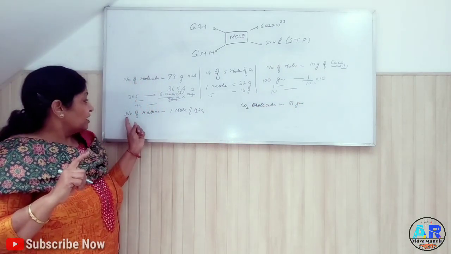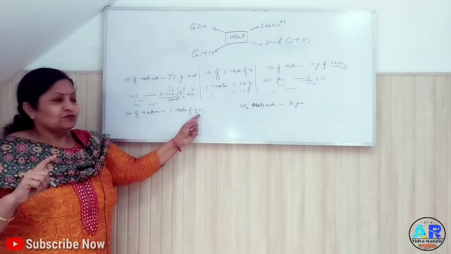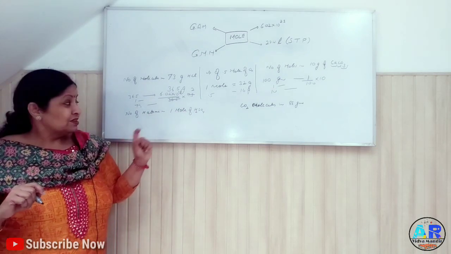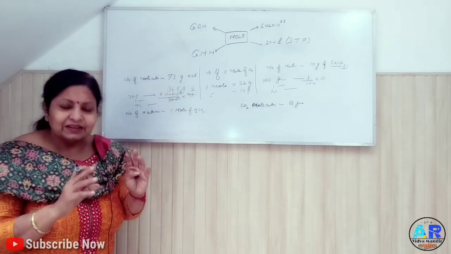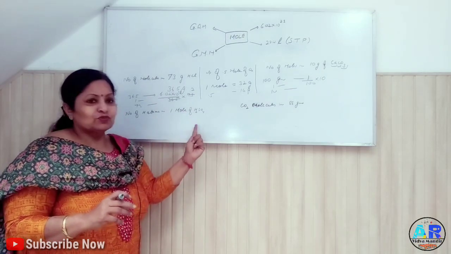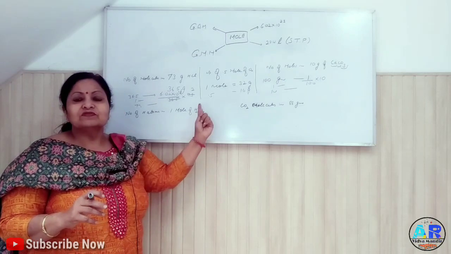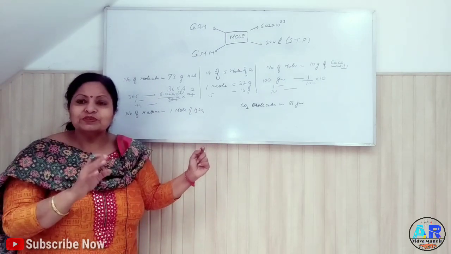Next is hydrogen atoms in sulfuric acid. Now, sulfuric acid consists of molecules, but it has 2 atoms of hydrogen, 1 atom of sulfur and 4 atoms of oxygen, so its atomicity is this.